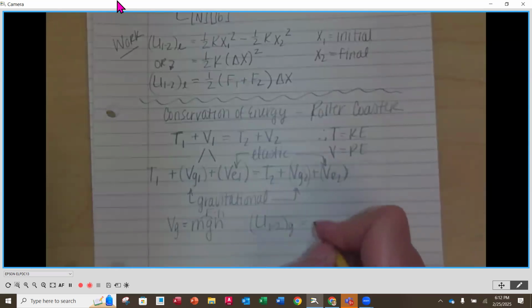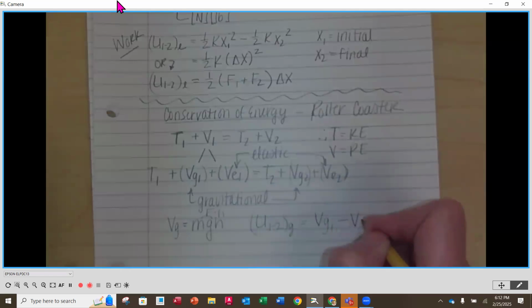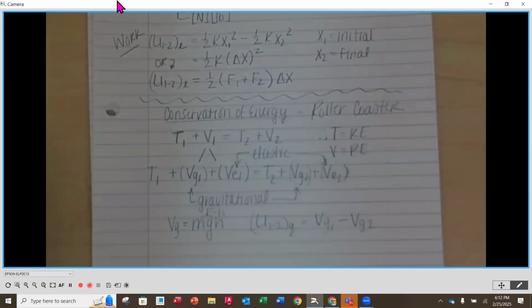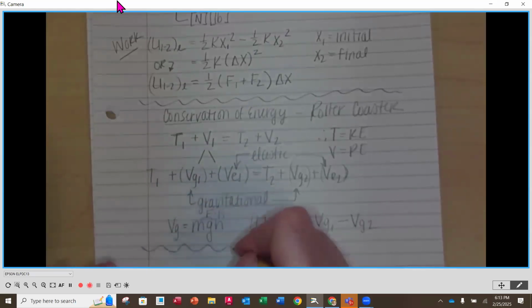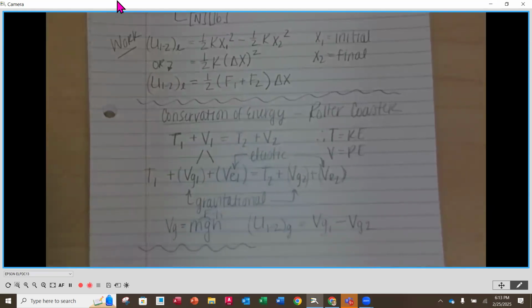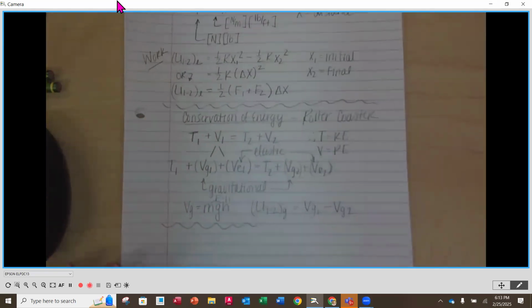Gravitational, that's going to be equal to the potential energy gravity 1 minus potential energy gravity 2. So just the difference between the gravitational potential energies will get us the work done on that. Right. So that's the conservation of energy, kind of roller coastery types of things.